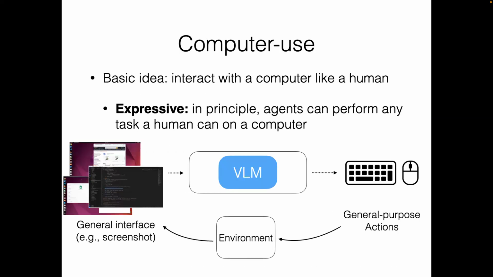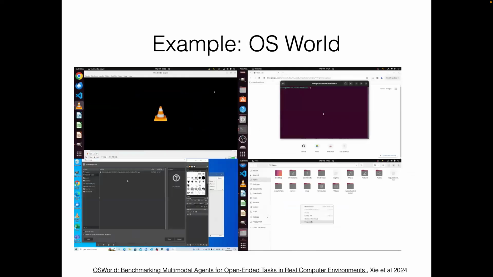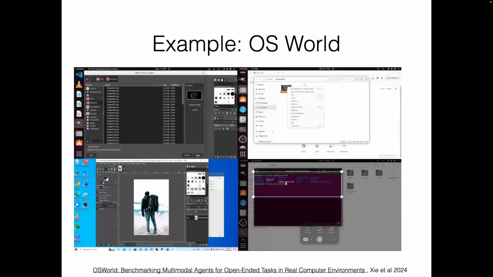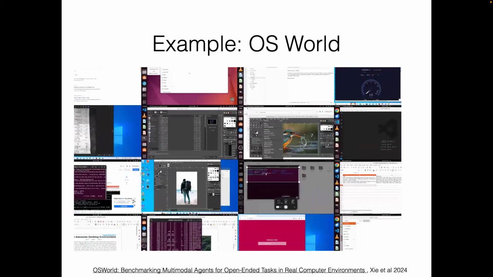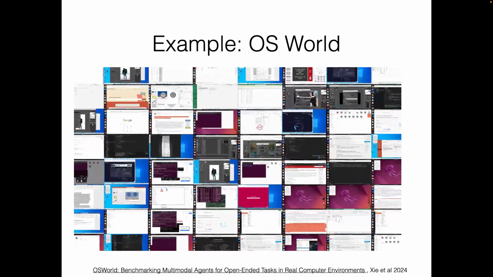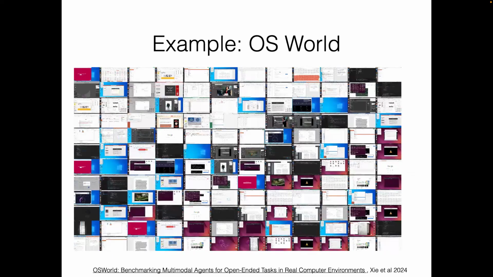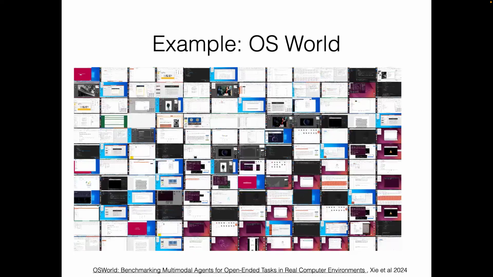And then finally, for these computer use agents, there's a popular benchmark or environment called OSWorld. What they did is try to go over different types of software on an operating system and build a lot of different tasks. If you look at the actual tasks, they're fairly simple.